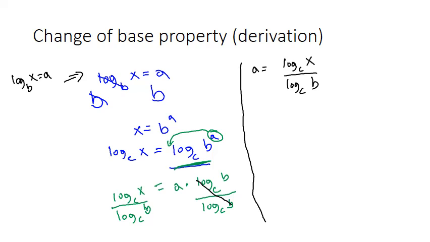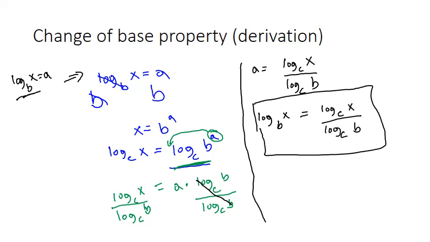So we should be able to replace a with this particular logarithm. So what we have is that log base b of x is equal to log base c of x over log base c of b. So we have just derived our change of base formula.